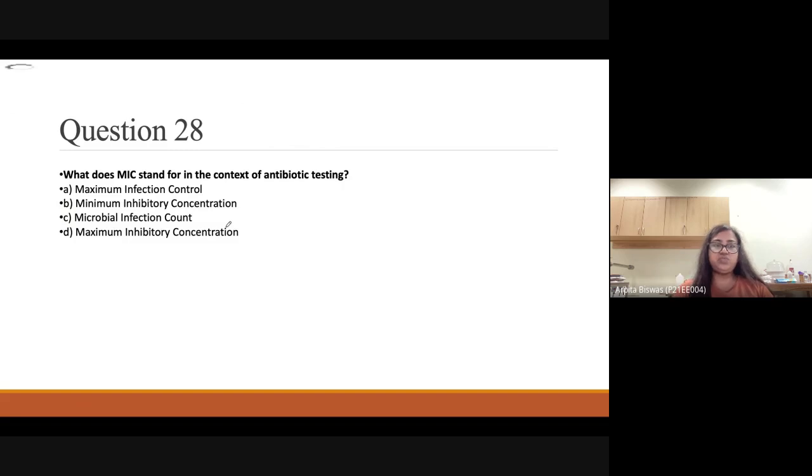So next, moving toward question number 28. What does MIC stand for in the context of antibiotic testing? First option is maximum infection control. The second option is minimum inhibitory concentration. The third option is microbial infection count. And the fourth option is maximum inhibitory concentration.